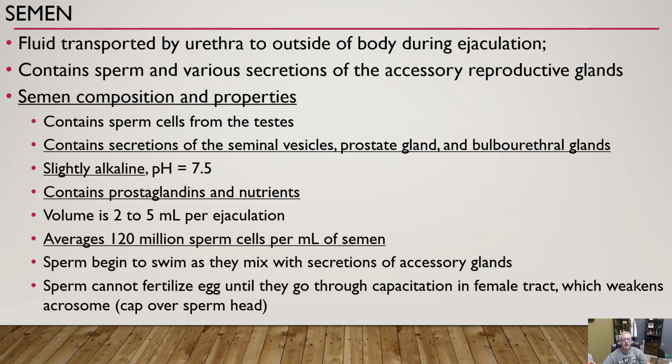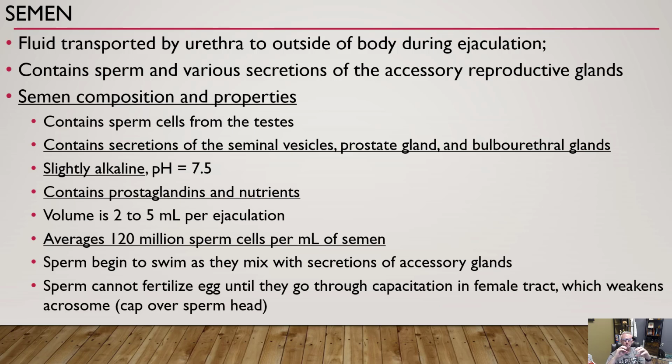And then, because of the pH of the fluid of the secretions, and of course the pH of the vaginal canal, that's going to cause the sperm to swim. And we'll talk about the anatomy of the sperm a little bit later on.